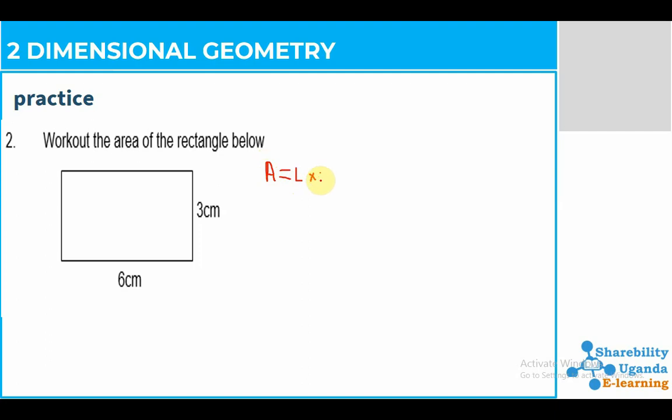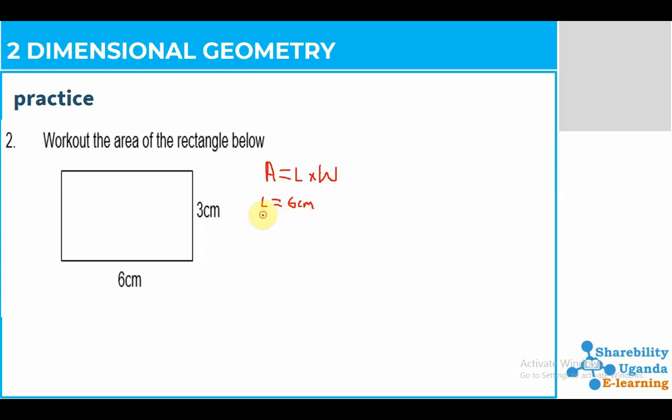They are saying our length times the width. So here you can indicate and say our length is equal to 6 centimeters.